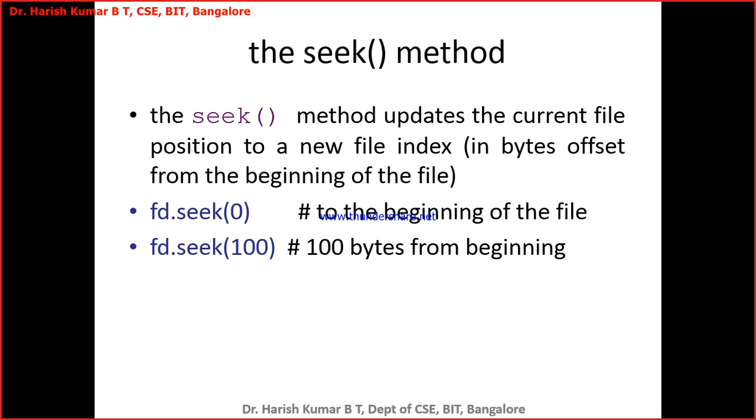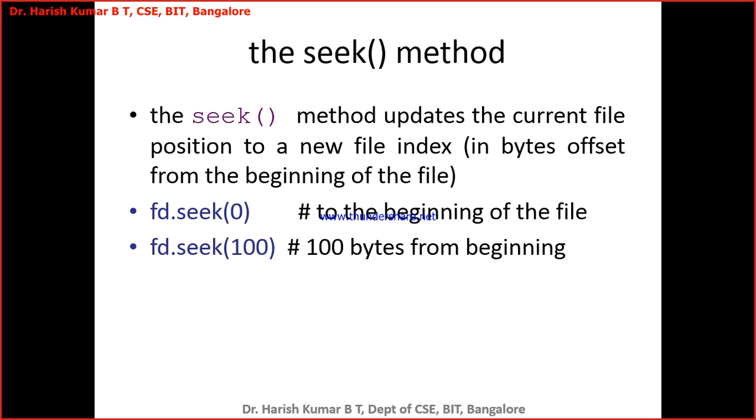And then what we were discussing was how do we set the current file position to the desired offset or the desired position. That can be achieved by using the method called seek. Whenever I perform some read operation from the file, say I want to read 5 bytes, yesterday I was demonstrating to you.